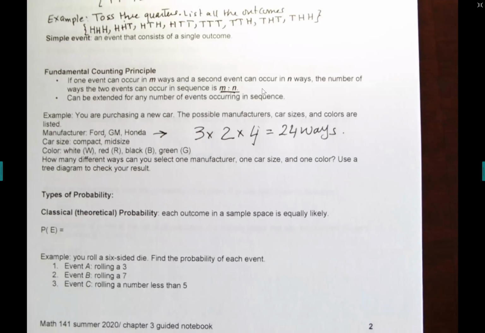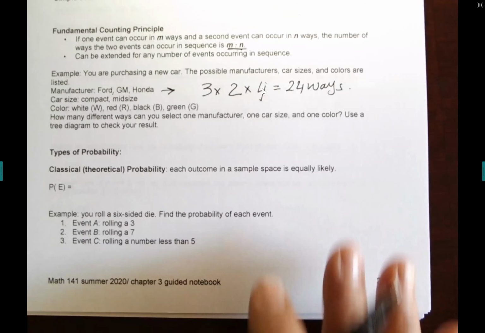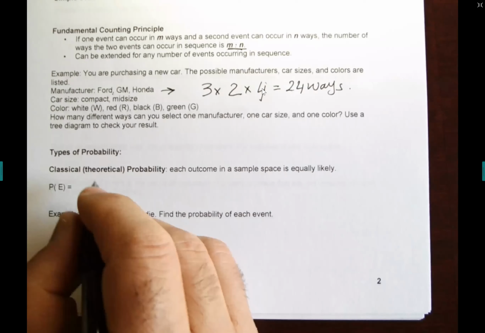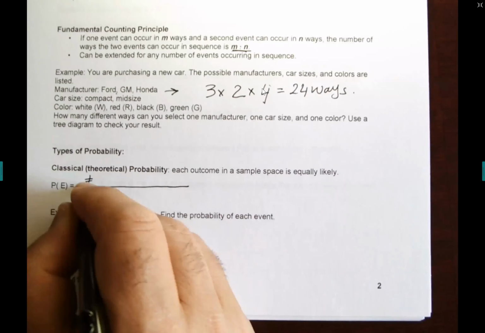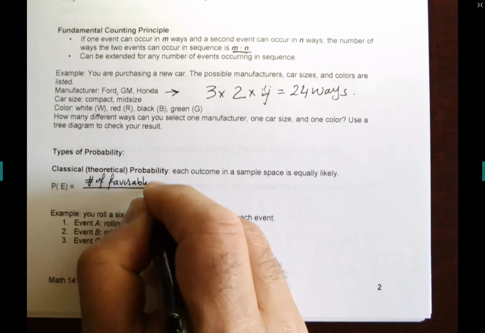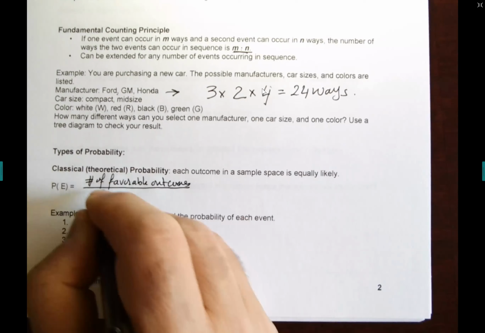Okay. Probability, definition of probability. Probability, guys, is a percent. It will never exceed 100%. It's always between 0 and 100%. And here is the theoretical classical definition of probability of an event. It is the number of favorable outcomes divided by the number of all possible outcomes.